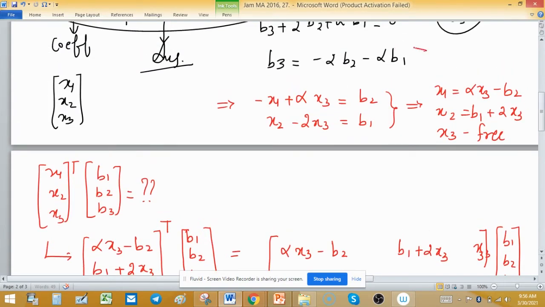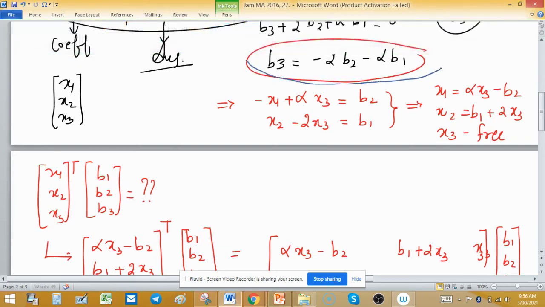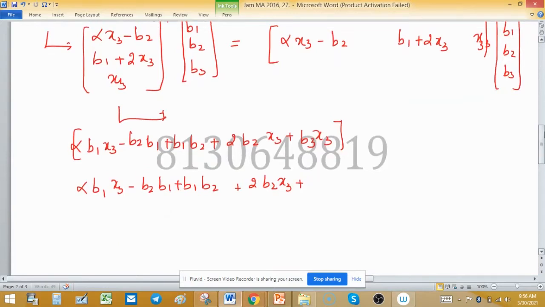Here you can see, I can change the color as the blue circle part. This is the value of b3 used here. So b3 will be minus 2 times b2 x3 minus alpha b1 x3.